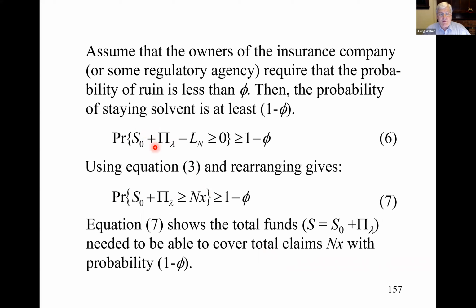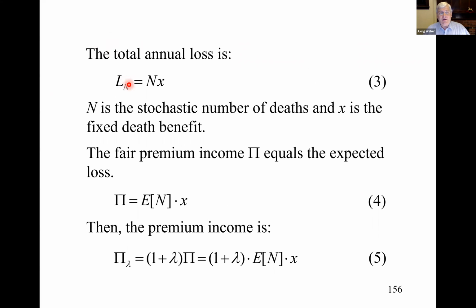Here we have the available funds, and those available funds must exceed the losses, and the probability of this should be, let's say, bigger than 98%. Now you can bring the L_N here on the right side in this inequality, and then you can use L_N is equal to N times X from before. Remember, L_N is equal to N times X in equation 3.